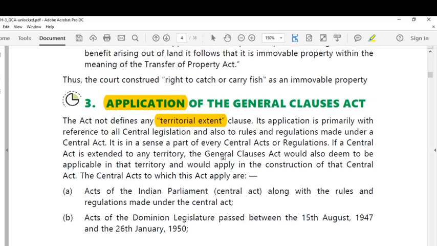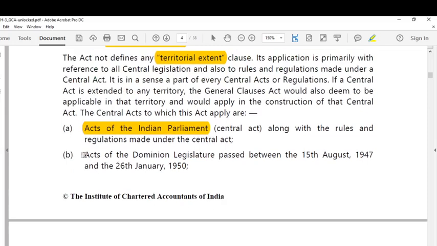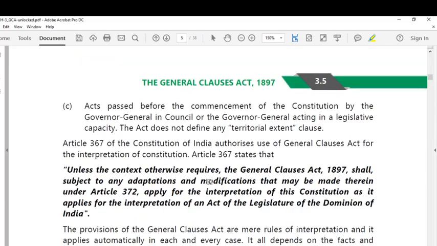The central acts to which this act applies are acts of the Indian Parliament, along with the rules and regulations made under the Central Act, and acts of the Dominion legislature passed between 15th August 1947 and the 26th January 1950, and acts passed before the commencement of the Constitution by the Governor General in Council or the Governor General acting in legislative capacity.